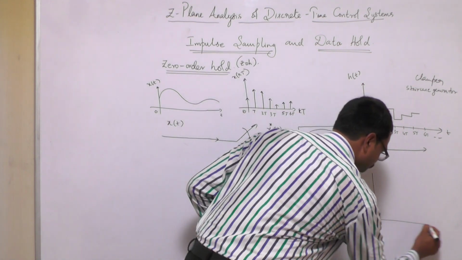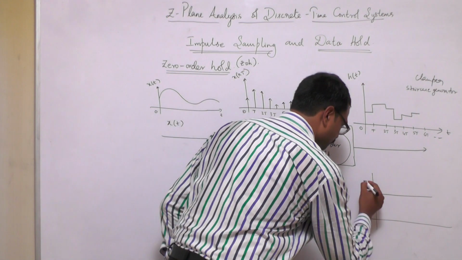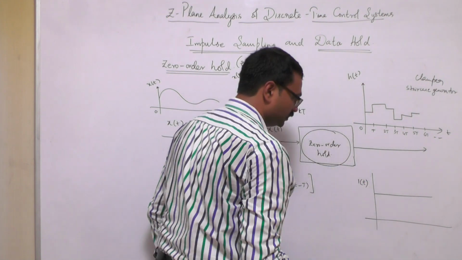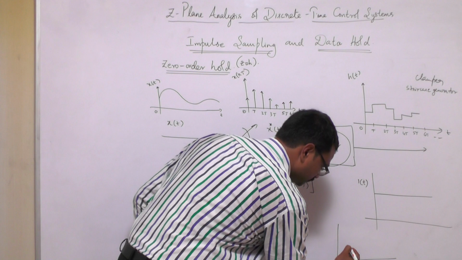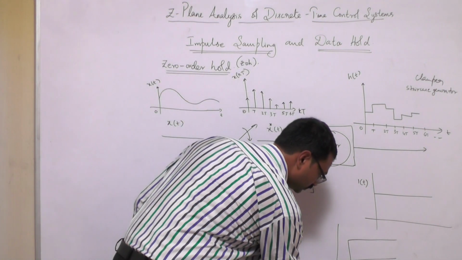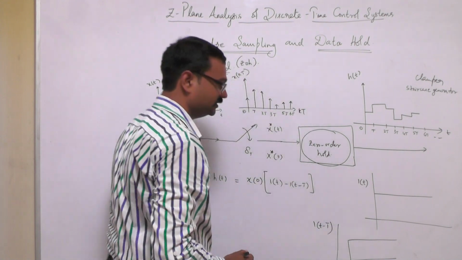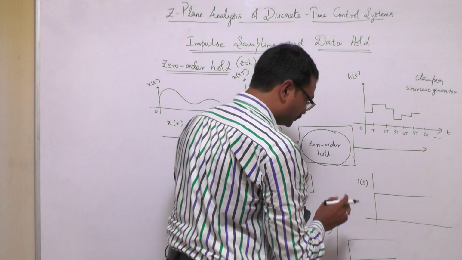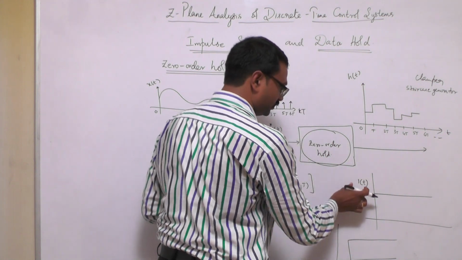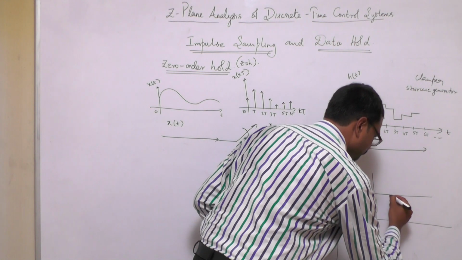For example, I have a unit step signal, that is nothing but 1(t). Now I have a unit step signal which exists from t equal to capital T. Now how do you represent this? 1(t minus T). Now if I subtract 1(t minus T) from 1(t), I have one more signal here.